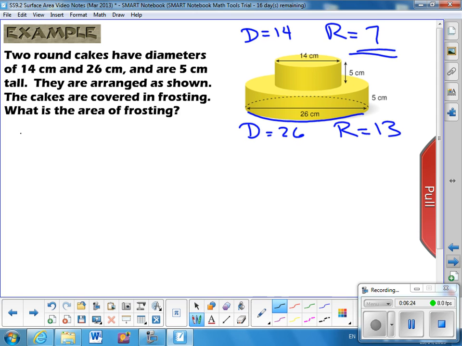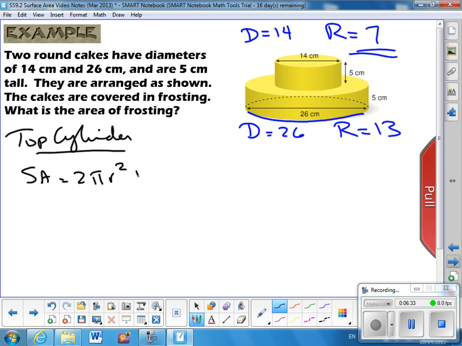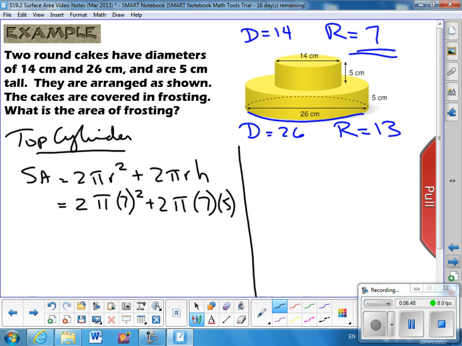So we're going to do the top cylinder first. Surface area equals 2 pi r squared plus 2 pi r h. Okay, so looking at the top cylinder, the radius is 7, so 2 pi 7 squared plus 2 pi 7 times 5.